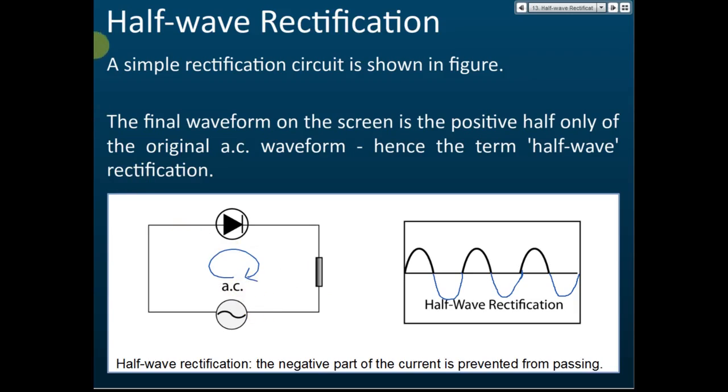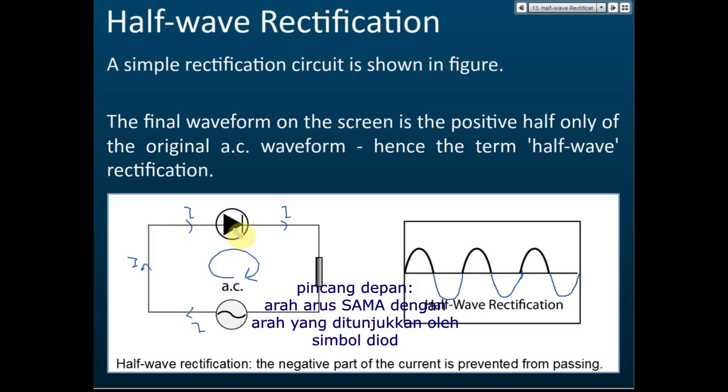How do we know? You check the flow of the current. The direction of the current is the same as the direction of the arrow inside the diode, so this is forward bias.